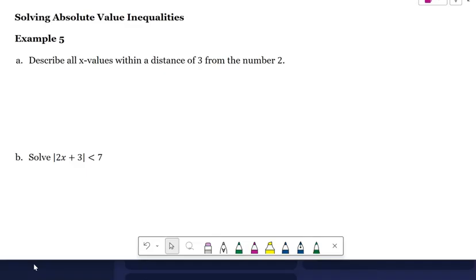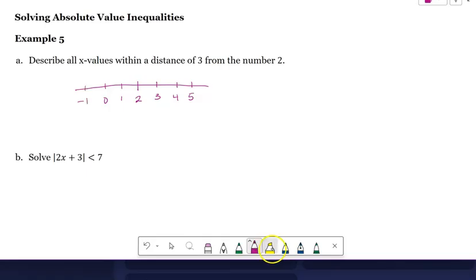For example A, let's describe all the values within a distance of 3 from the number 2. Let's start by drawing a picture of what we're talking about here. So here's the number 2 on the number line. 3, 4, 5. 5 would be 3 away from 2 going to the right. 1, 0, -1.